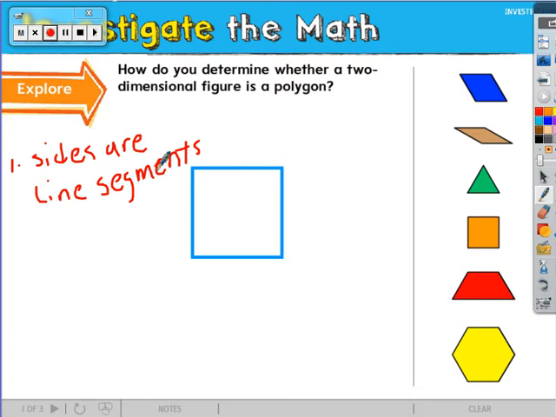Okay, what does that mean? That means that the sides are straight and they have a beginning and an end. Okay? 2, is it closed?